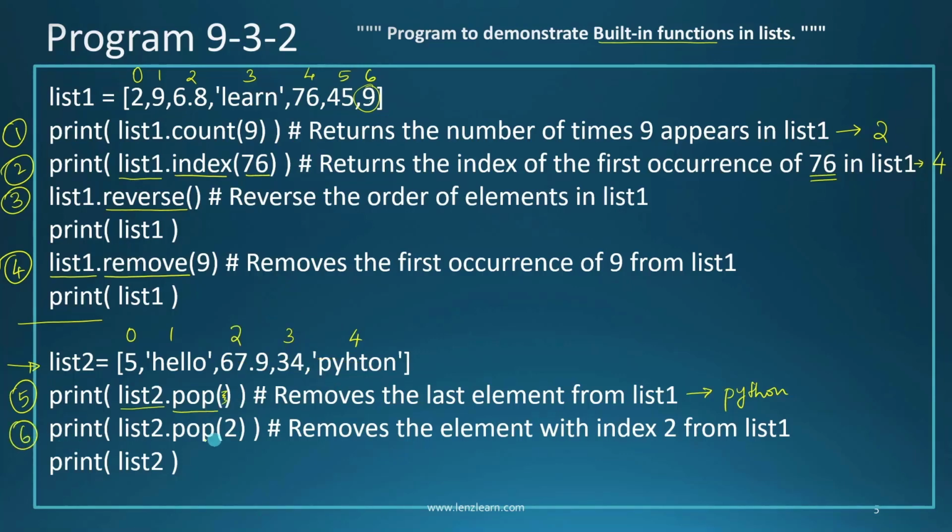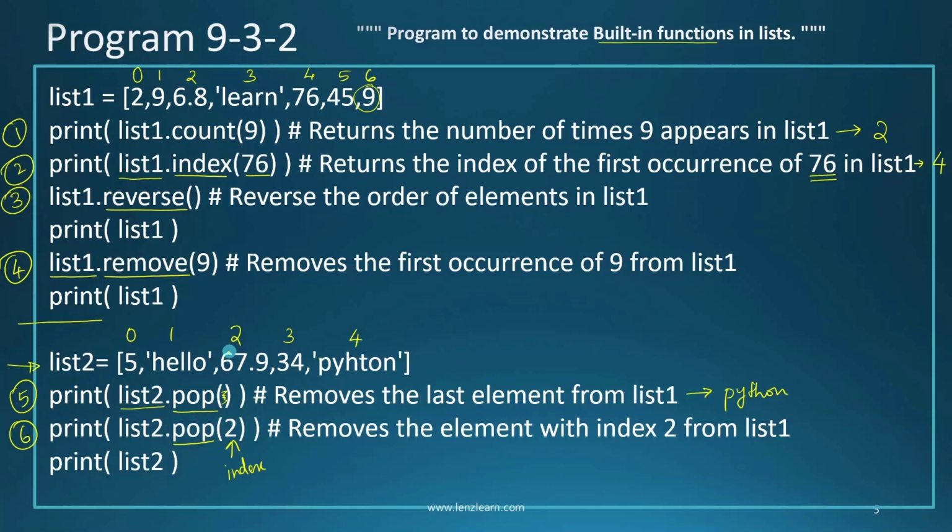Now in the next statement, you can see I have called the same function pop, but this time I have used an index value. If you use an index value, then pop will exactly take that value and then print it out or just give it to you for processing. Now we are interested in the number stored at index value 2. So we are referring to 67.9.